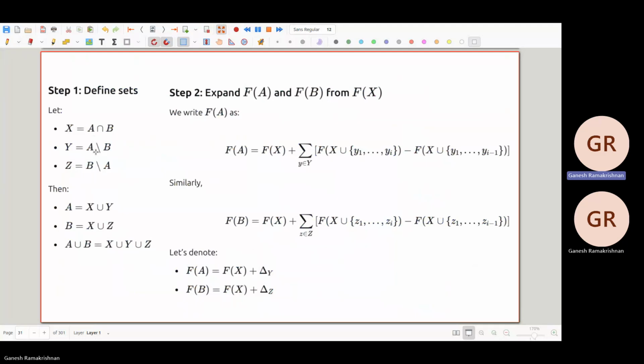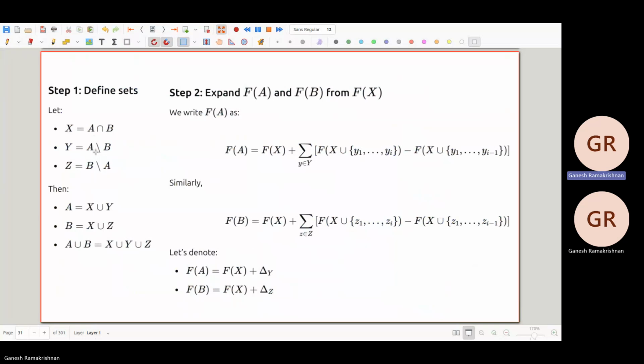F of A is written starting from the largest set, which is X union Y, minus one element subtracted from X union Y, and then from that new set, again subtract.